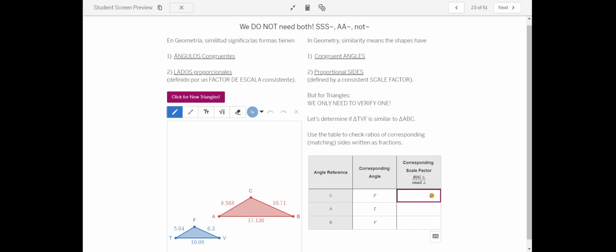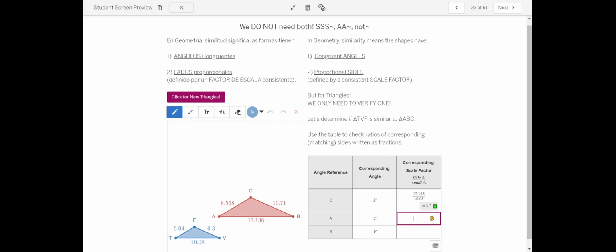And if we do the fraction, we would get, so C is across from 17.136 and F is across from 10.08. And let me check that again.